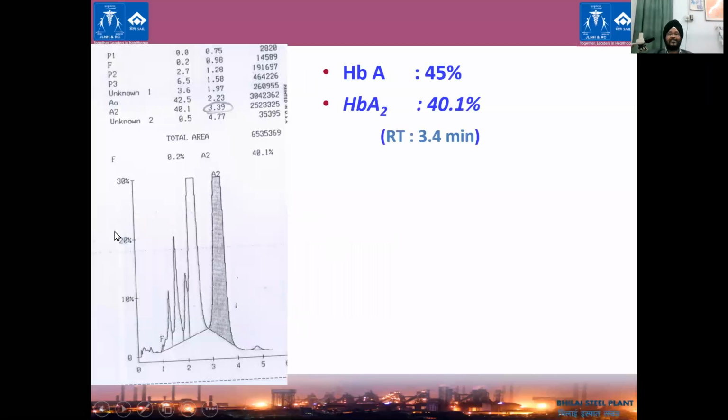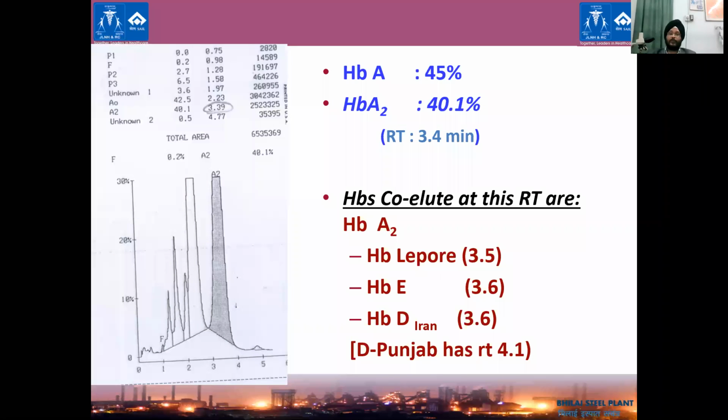But the HPLC tracing shows an A2 value which was around 40%. So what is this A2 of 40%? Could it be something which we should be worried about? But first we should know what it is. An A2 of more than 10% or 9%, we should think of certain things.